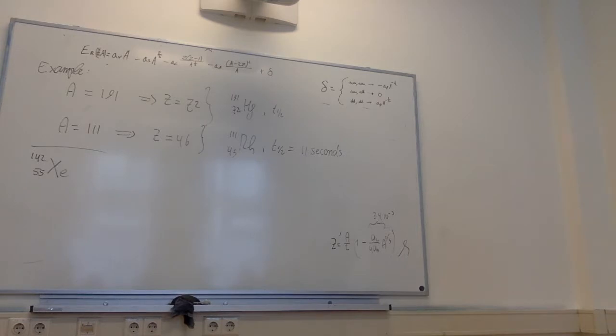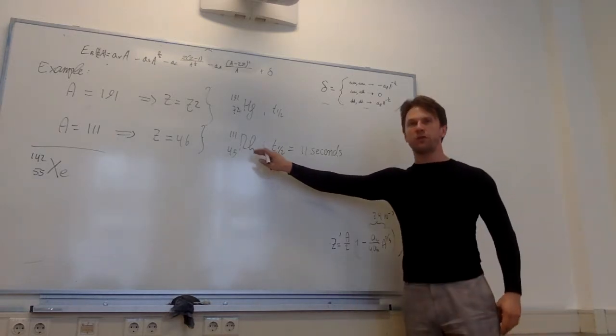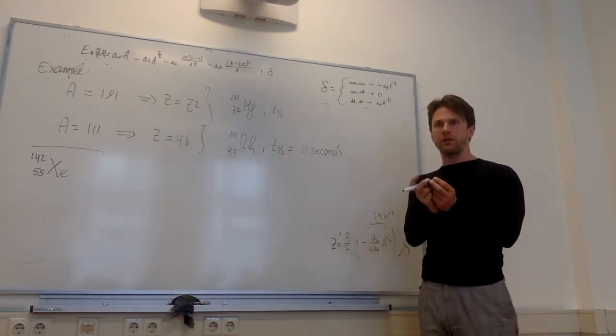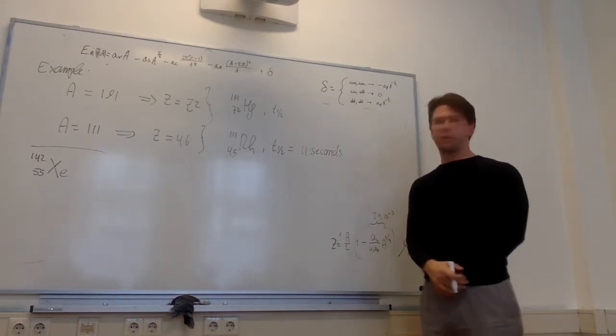Why are other isotopes of rhodium more stable? Basically, why is this not the most stable one of rhodium? That was the trick question that I asked a minute ago. Why, of all the isotopes of rhodium, is this one not the most stable, even though this will come out of a calculation? I think this is your question? Can somebody answer?